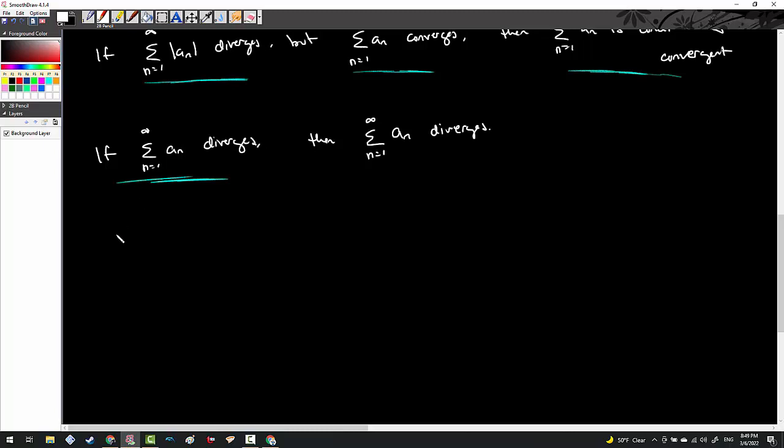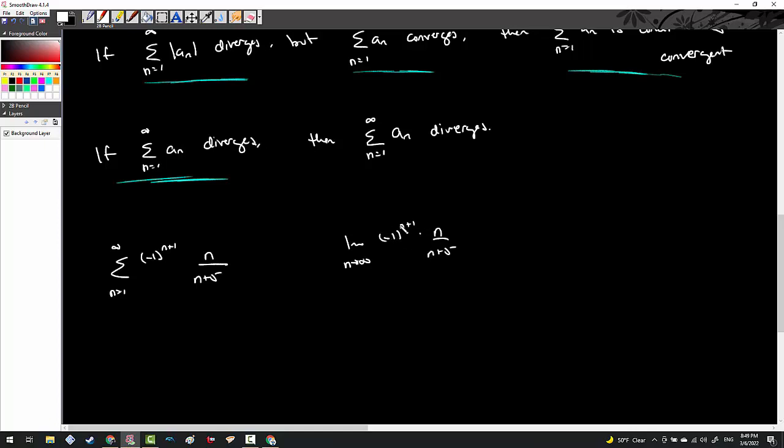But if I was to do, let's say, the summation from n equals 1 to infinity of negative 1 to the n plus 1 of n over (n plus 5). Well, actually, this one is a bit odd, right? If I was to do the limit as n goes to infinity of negative 1 to the n plus 1 times n over (n plus 5), this thing would bounce back and forth between negative and positive 1, right?